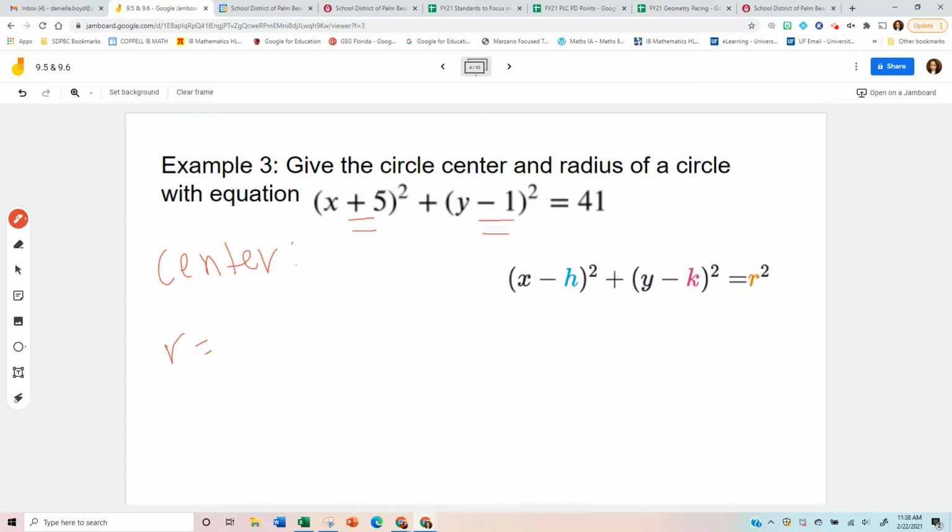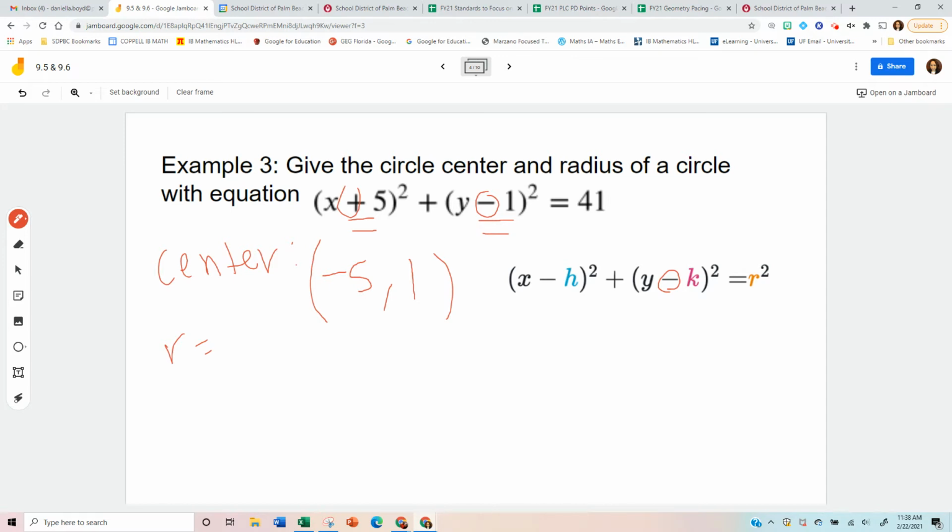And remember, it's the opposite of what we see on the inside. So where I see a plus 5 on the inside for my x-coordinate, it's actually going to be a negative 5 as a center. And where I see a minus 1 on the inside, that's actually going to be a regular 1, because the formula has negative in there. So my center is opposite signs of the inside.